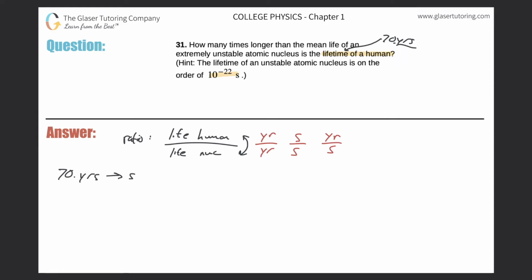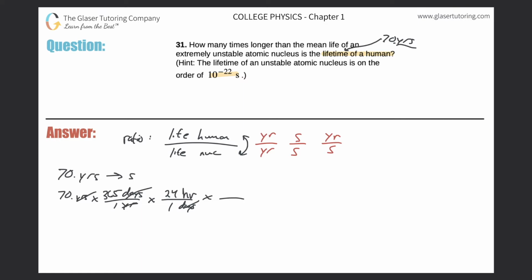Okay, so let's write down what we're given. So 70 years. We're going to put years on the bottom, and then days on the top. Why? Because I do know this conversion, that there's 365 days in a year. There's really 365 and a quarter, but let's just keep it simple. Then I have to put days on the bottom so that they cancel. And now my next conversion would be to hours, because I know that there's 24 hours in a day.